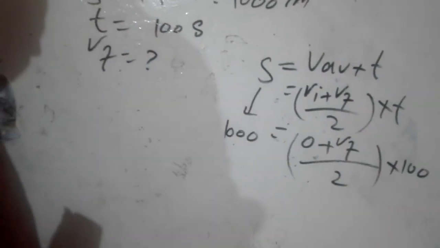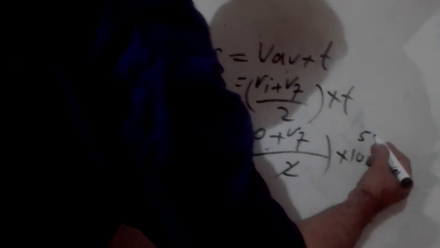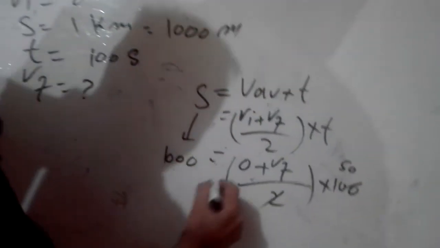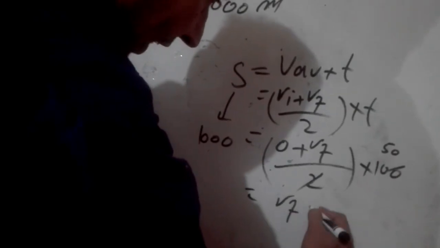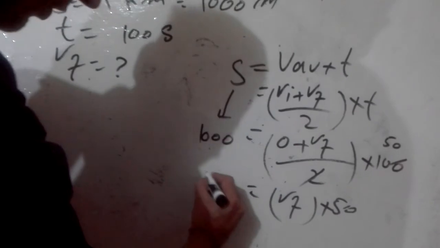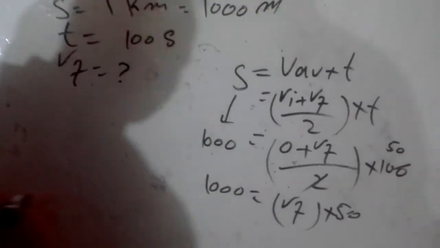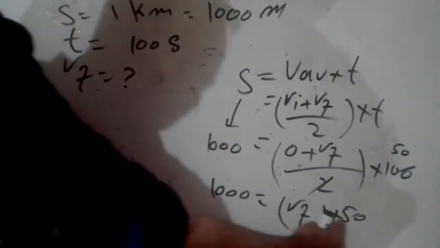Now we can simplify this. Cancel this 100 with 50, 2 into 50 is 100. So the value is Vf into 50 equals 1000. What do you have to find out? Final velocity. So 50 will divide this to find the final velocity.